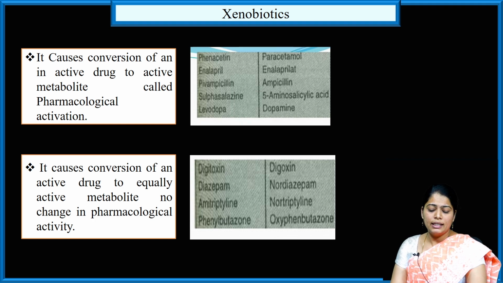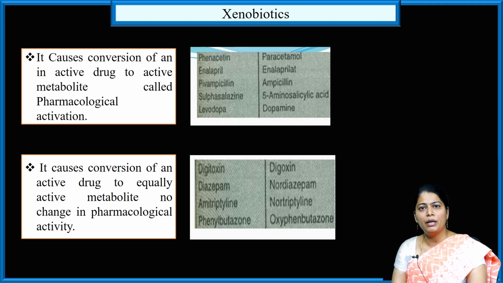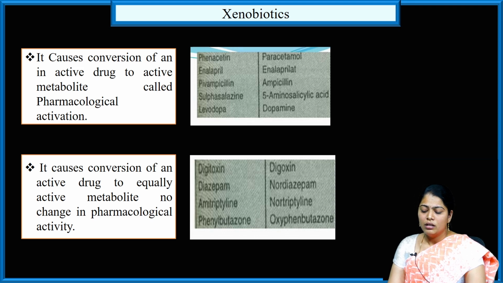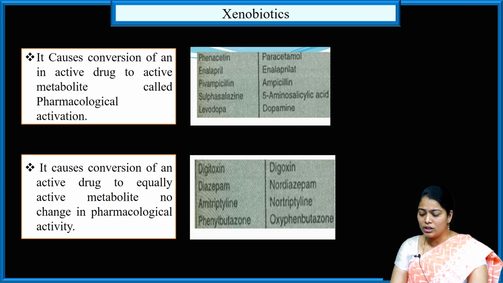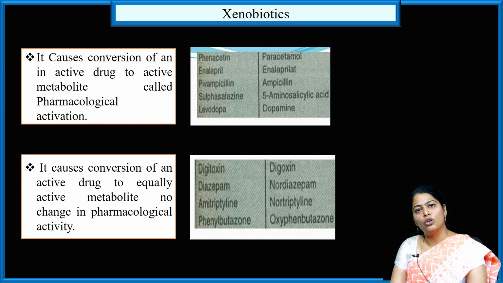The fourth one causes the conversion of an active drug to an equally active metabolite. By this type of metabolism, the same active moiety enters the metabolism and the metabolite is also equally potent as the drug. For example, digoxin to digitoxin, diazepam to nordiazepam, amitriptyline to nortriptyline.